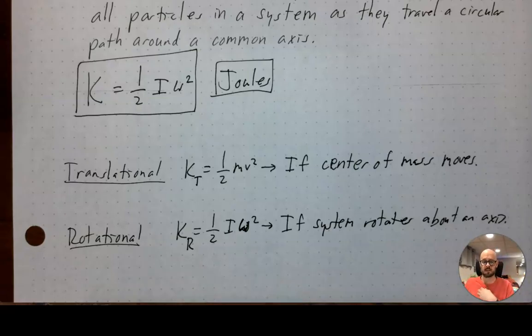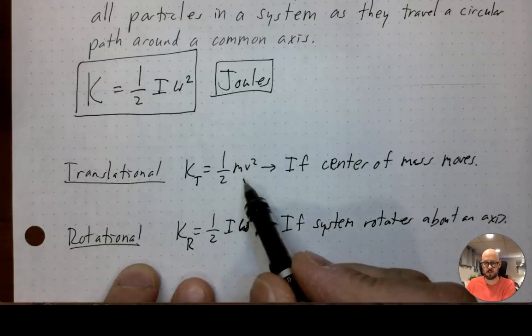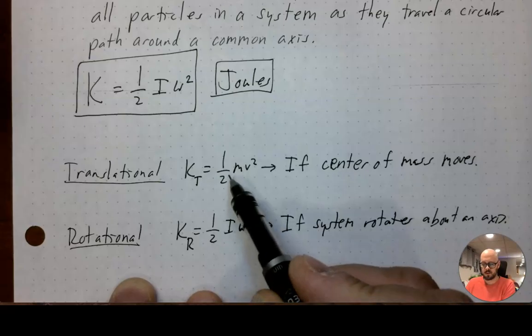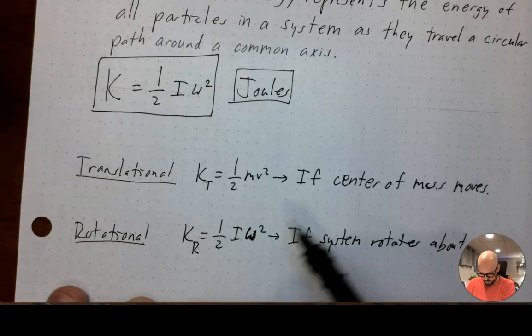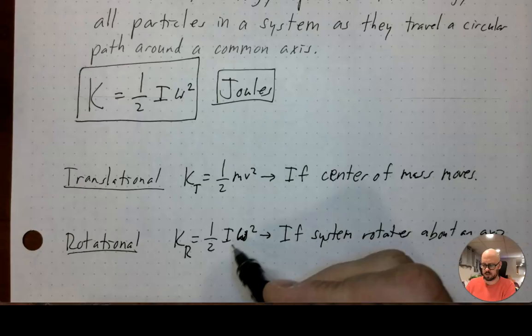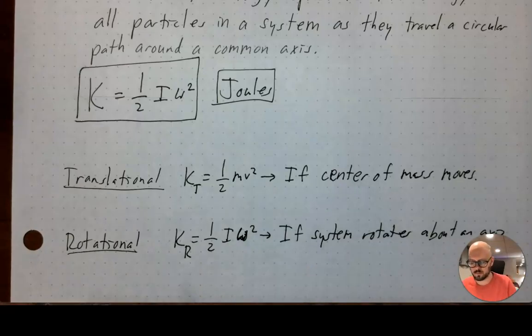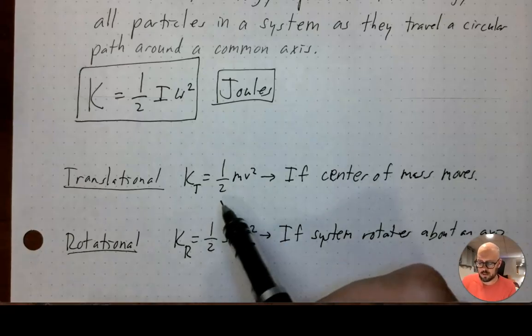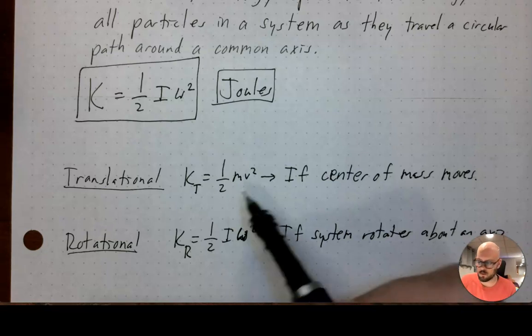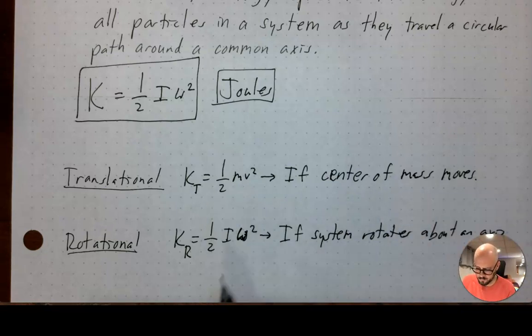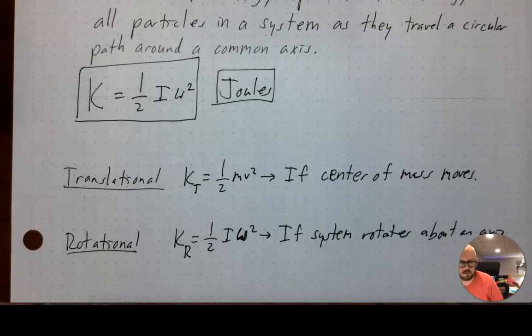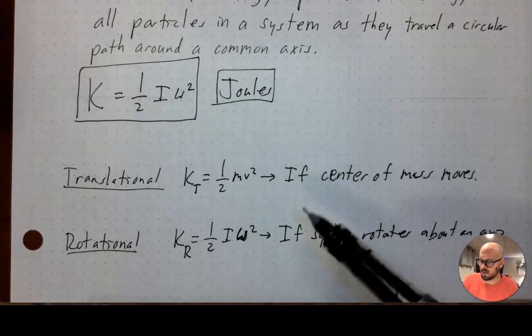And so, technically everything is 1/2 mv squared, but if we add up the energy of every particle that's rotating, we also get rotational kinetic energy. So the translational is based on the center of mass velocity, and then the rotational is the sum of all the rotational inertia and the rotational energy there.